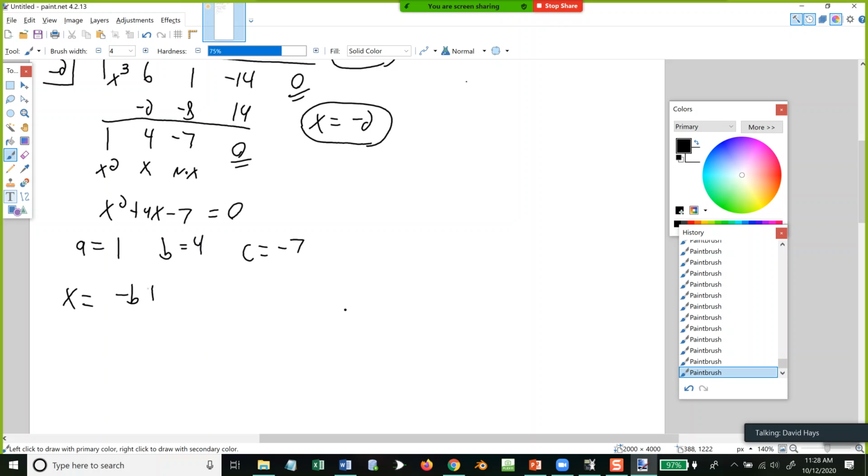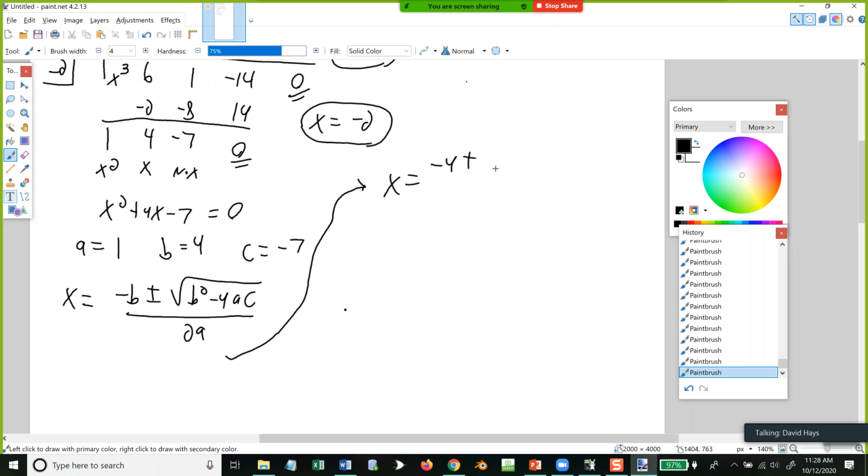And we're going to have negative b plus or minus the square root of b squared minus 4ac, all over 2a. We have negative 4 plus or minus the square root of 4 squared minus 4 times 1 times negative 7.